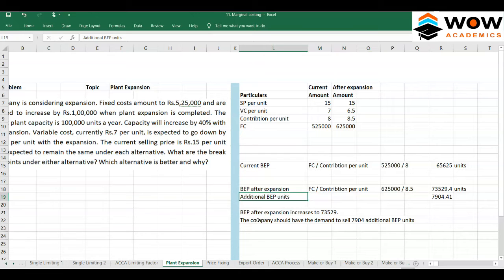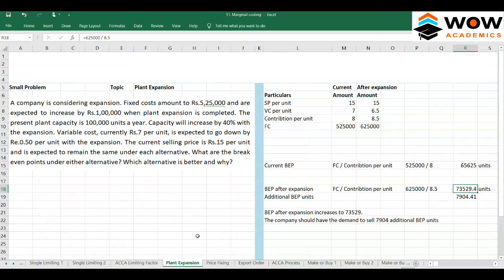If they are unable to sell this number of units, they will incur a loss. Only when they sell 73,529 units after the expansion will they at least have no profit, no loss. So that's about this problem. We'll move on to the next one.